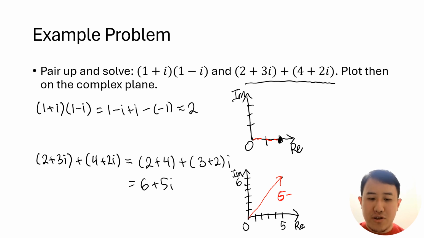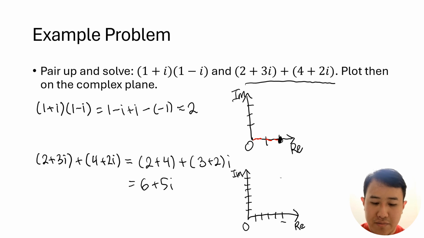Oh, sorry. So you point out there's a mistake. Right, there's a mistake. I should put 6 as the real part and 5 as the imaginary part. So I pull it again. There you go. This is 6 plus 5i.